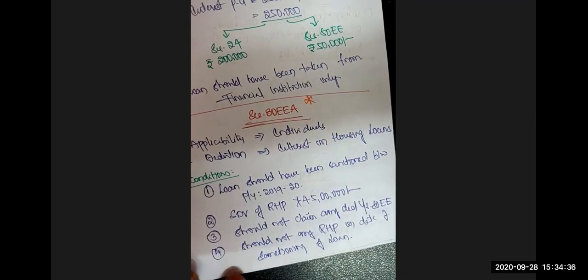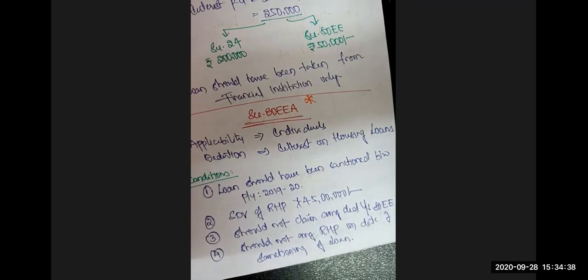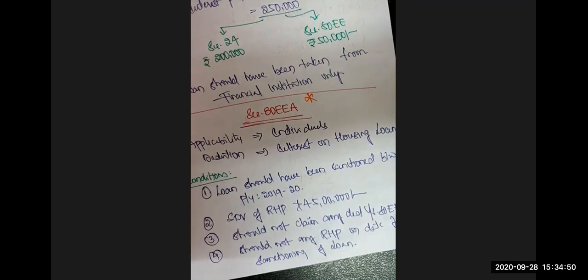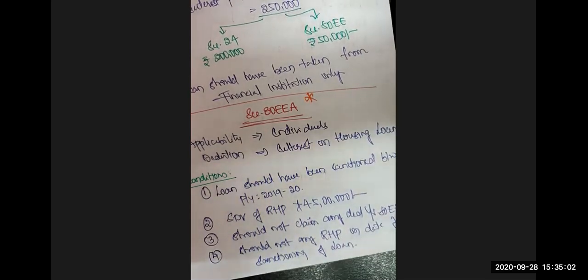If you remember, the 80E series gives deductions only with respect to interest on various loans. 80E is interest on educational loan. 80EE, interest on housing loans. 80EEA, interest on housing loans. 80EEB, interest on loans taken for the purpose of purchasing electric vehicles.